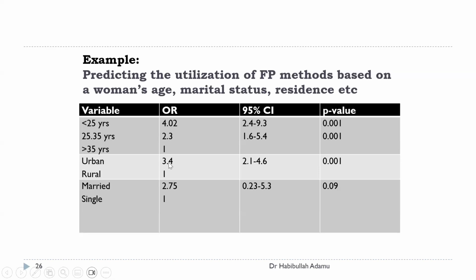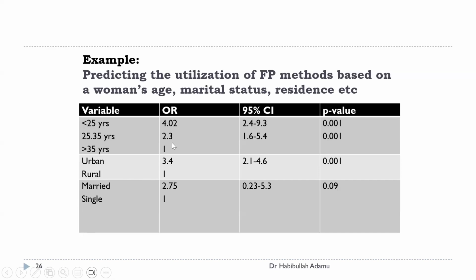So here the interpretation is that those who live in the urban area are 3 times more likely to utilize family planning than those who are in the rural area. So that is how odds ratio is interpreted.